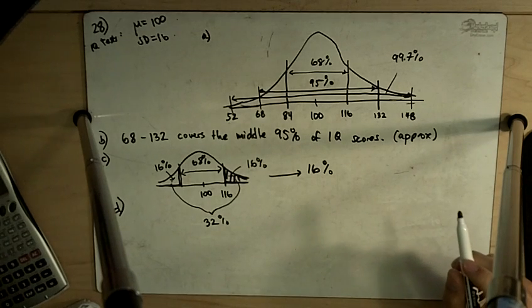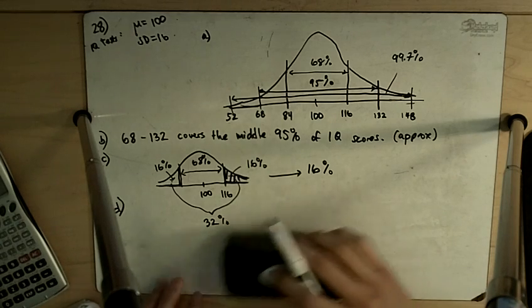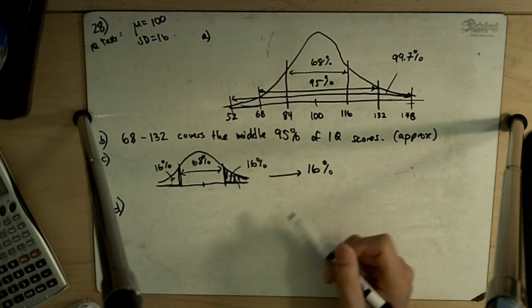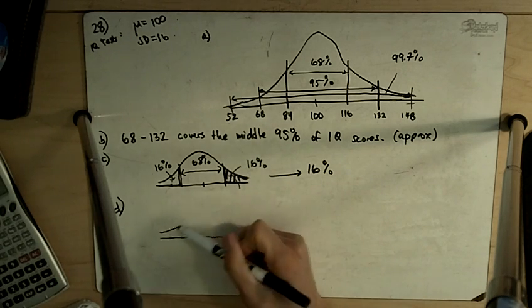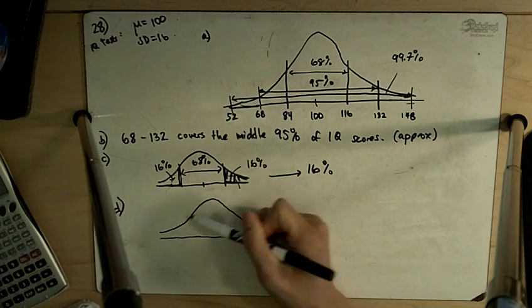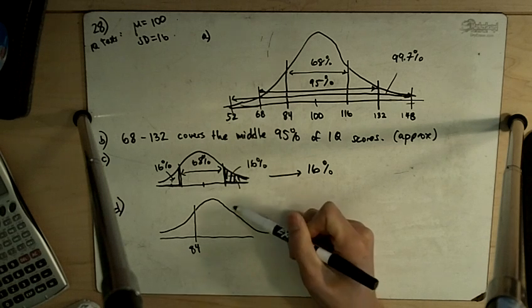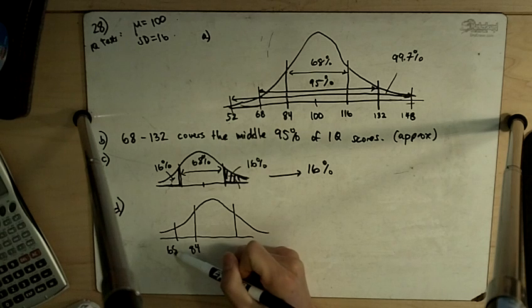Okay, part D says, about what percent of people should have IQ scores between 68 and 84? I'm going to just erase this for a little bit more room here. So here, we go down to 84, and over here, we're down to 68.